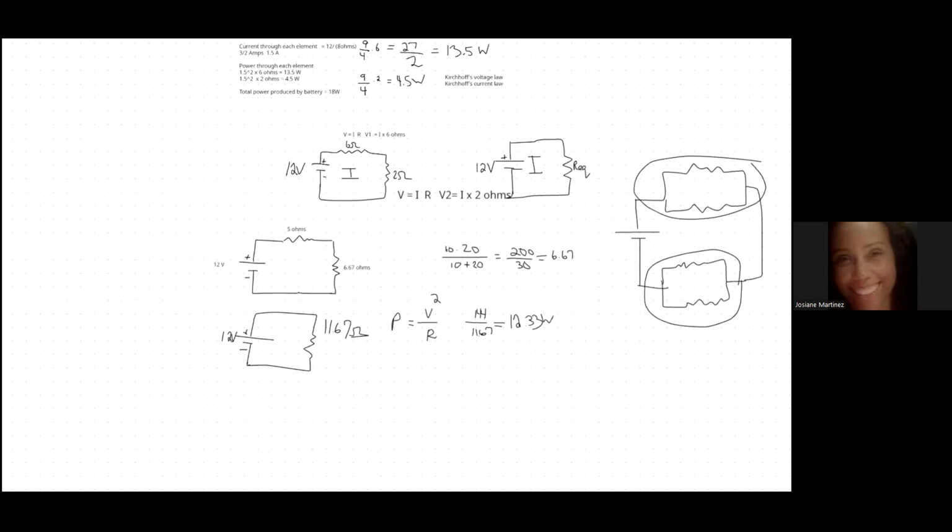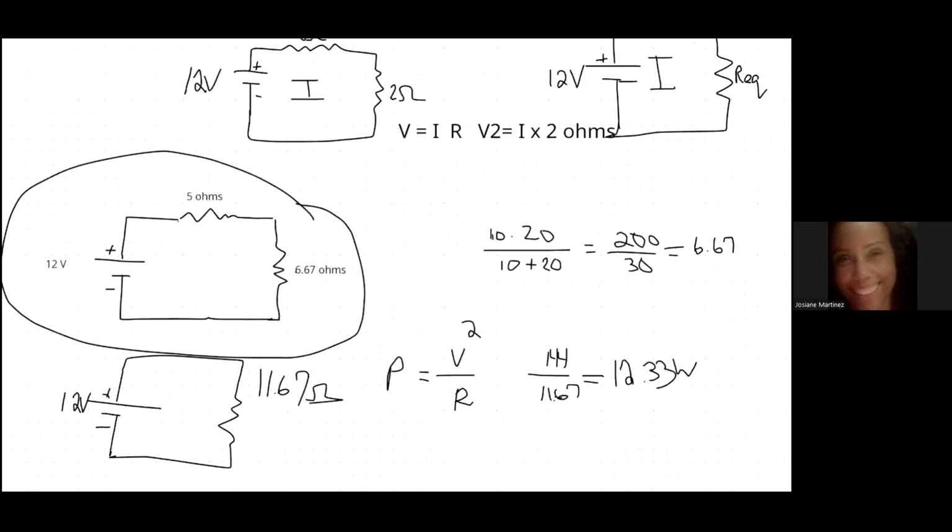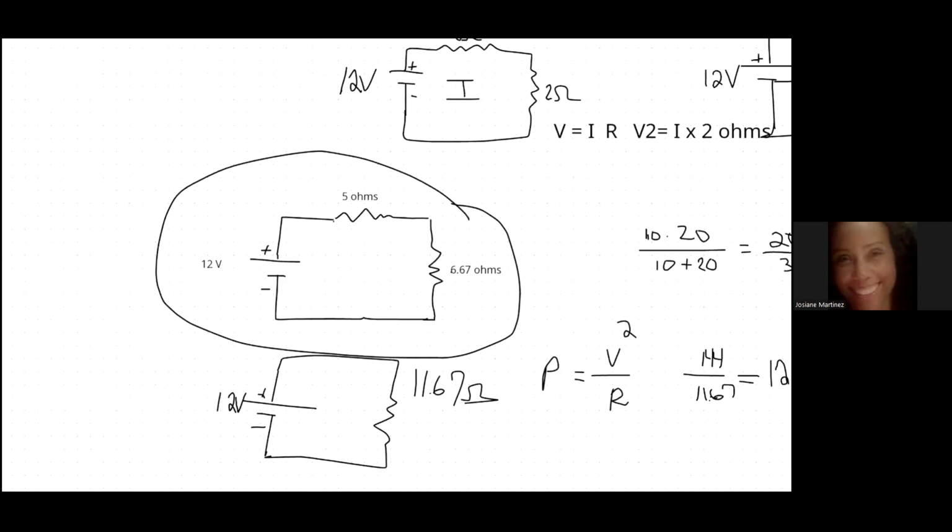Now, the mistakes that certain students make: if you were to start with this circuit here, 12-volt battery and the 5 and 6.7 ohm resistor, if you're asked for the power through any one of them, and you wanted to use this V squared over R formula, you have to be very careful not to think that 12 volts is going to be across each of those resistors.